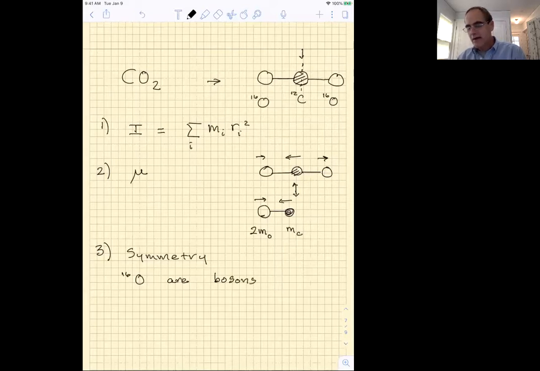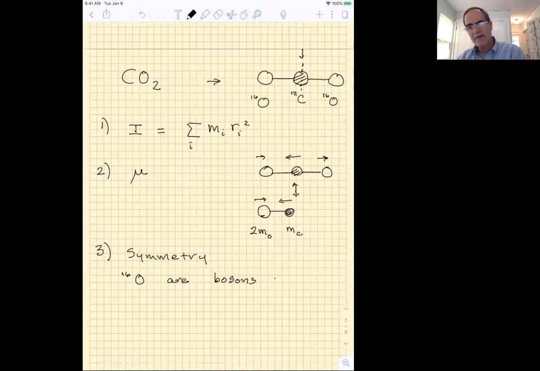And as you're learning, there are interesting properties for quantum systems that are made either all of bosons or all of fermions. For bosons, the important thing is that the wave function of the entire molecule must be symmetric under exchange of these two bosons.